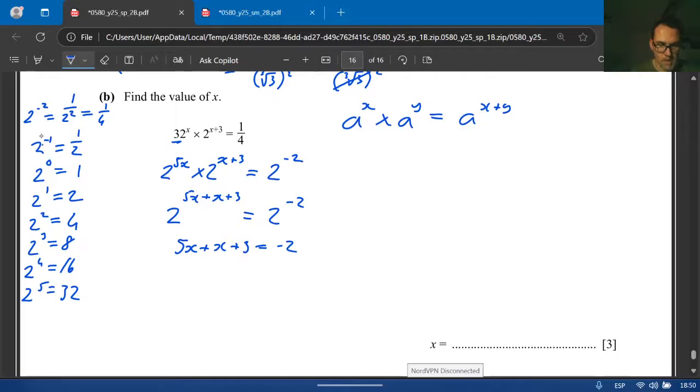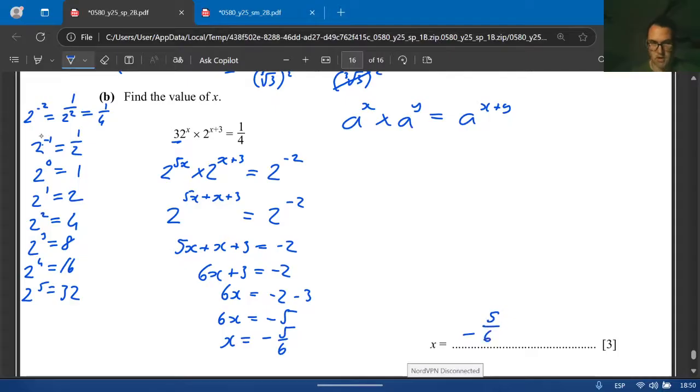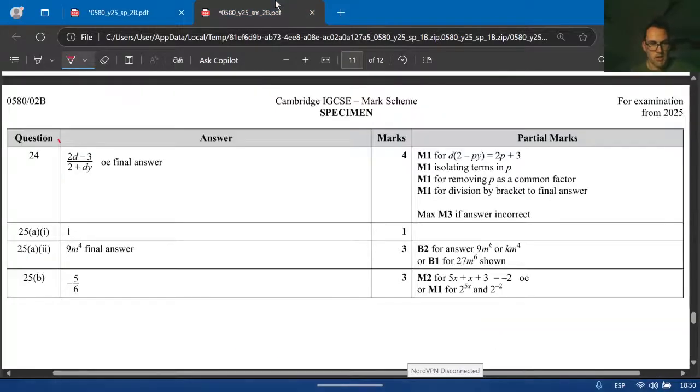We can, of course, add the x's together. 5x plus 1x is 6x. Next, we can subtract the 3, so that will give us minus 5. And then we divide by 6, giving minus 5 over 6. And then you're like, yes, I've done the last question. I've got it right. I'm a genius.